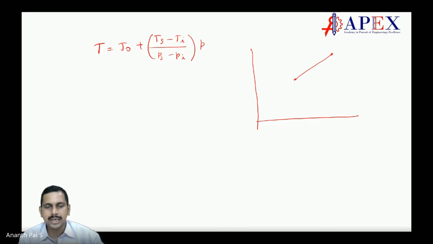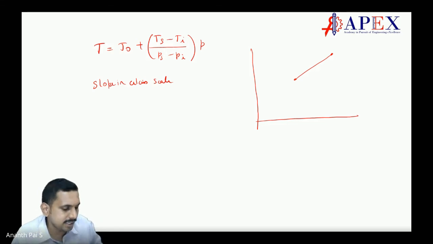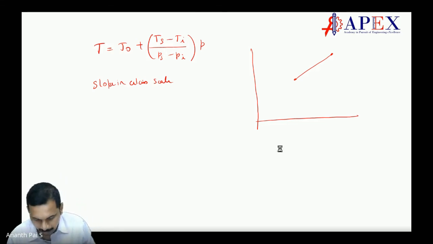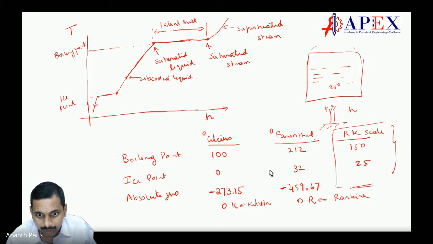So in case of the slope in the Celsius scale, how can we take that? Did I take something which is not proper? Let us see. In this, it is 100 divided by the pressure.